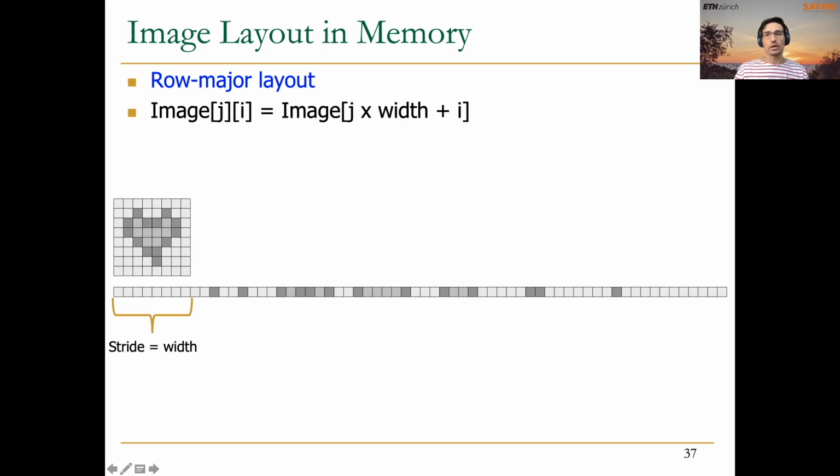So here we have, let's say, a stride, a distance between the start of one row and the start of the next row. This stride is essentially the width of the image, assuming we are not padding extra columns or anything like that. So this element here, element 0,1, in reality resides at address 0 times 8 plus 1, 8 being the width of the toy image we are using in this example.